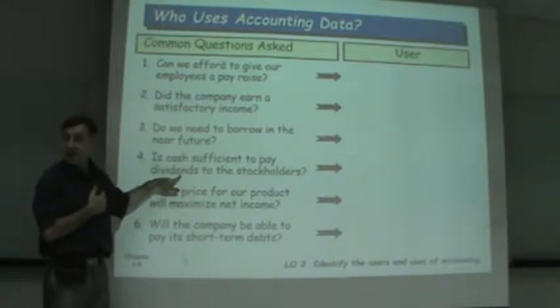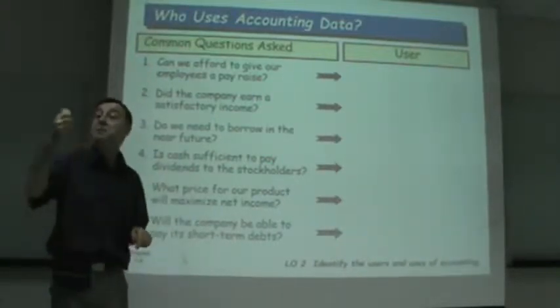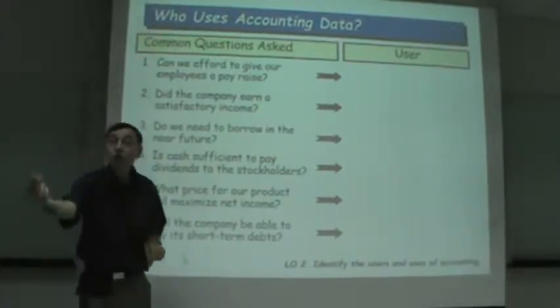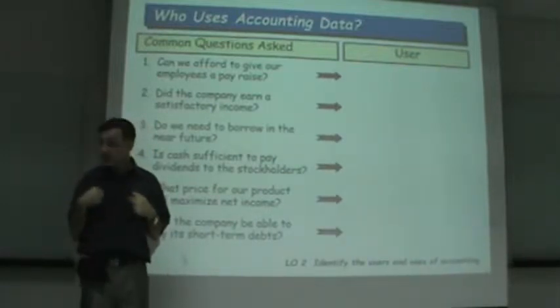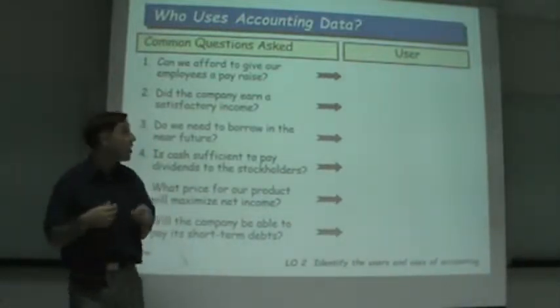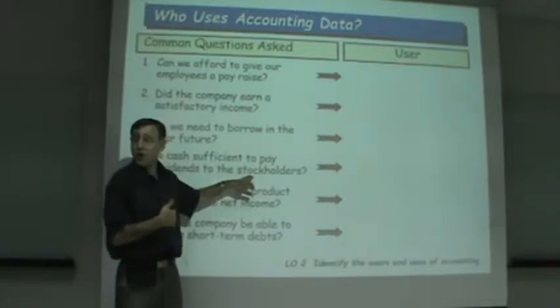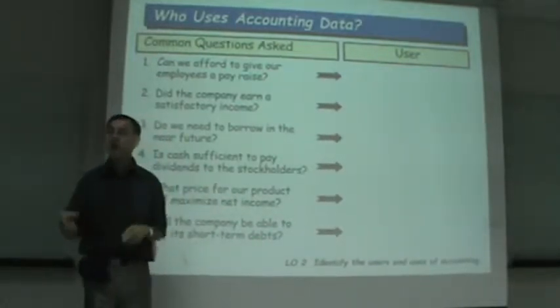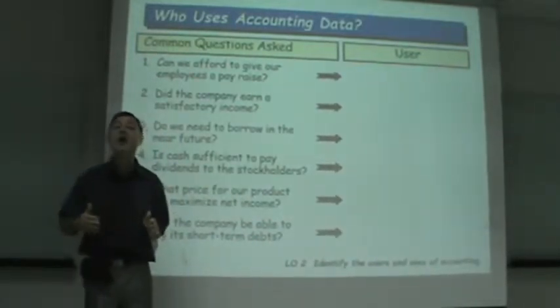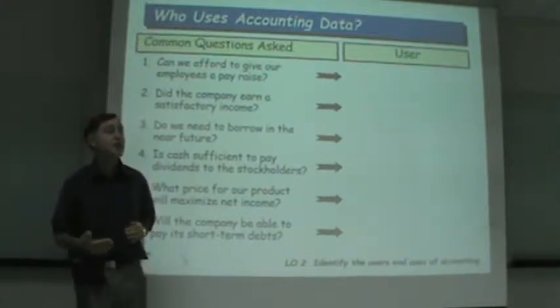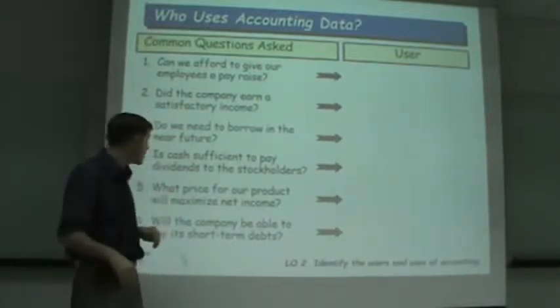So, a dividend is a payment by a business to its investors. And these investors we call stockholders or shareholders. That's, again, all what we'll be explaining in coming weeks.